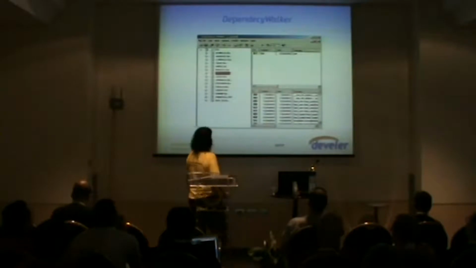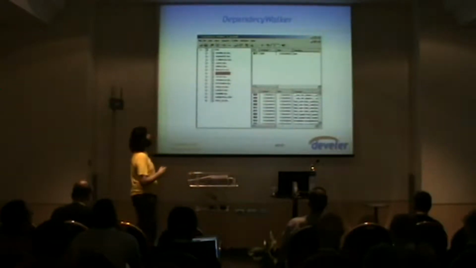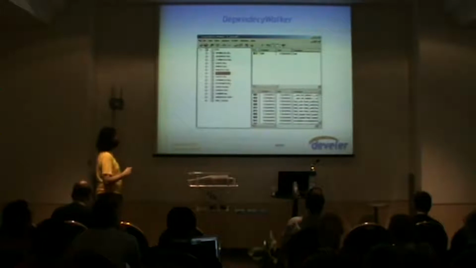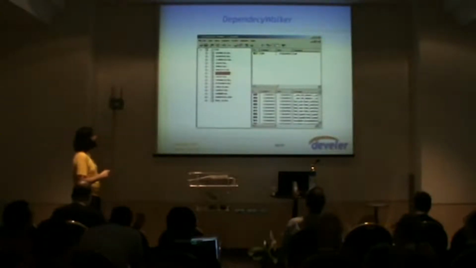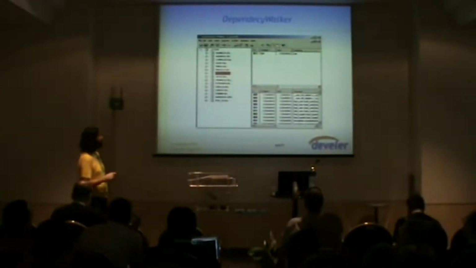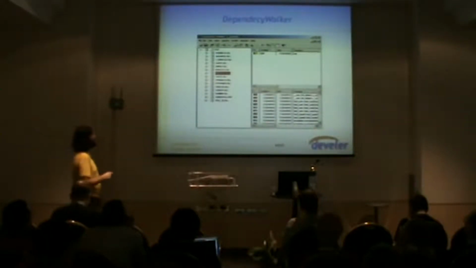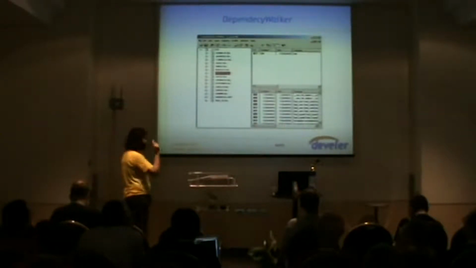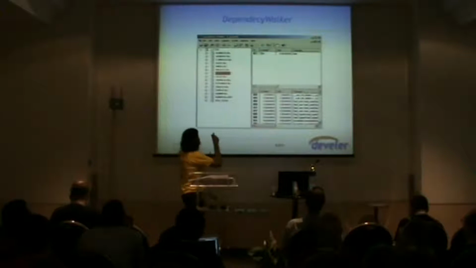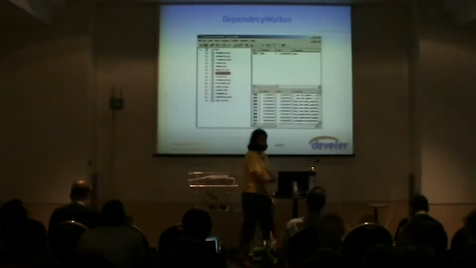Dependency Walker is a graphical tool. For instance, I'm running this against an old version of PyQt, and it will list all the DLL dependencies. You can see here that Qt.pyd is depending on the MSVCR71 DLL, so it's a release mode build compiled with Visual Studio .NET 2003.